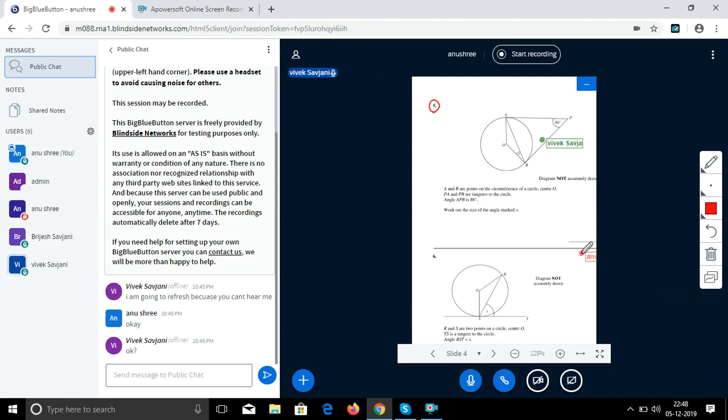Okay, so now we know that these two are both equal in length, which means both of these are 47.